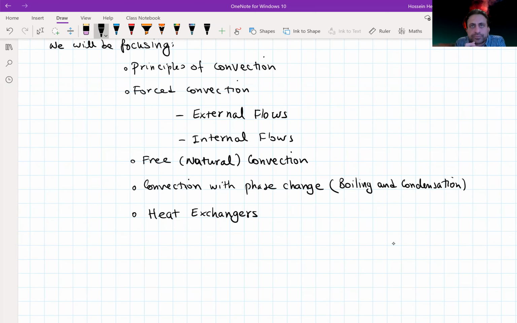Now, recall Newton's law of cooling that we use for convective heat transfer boundary conditions.